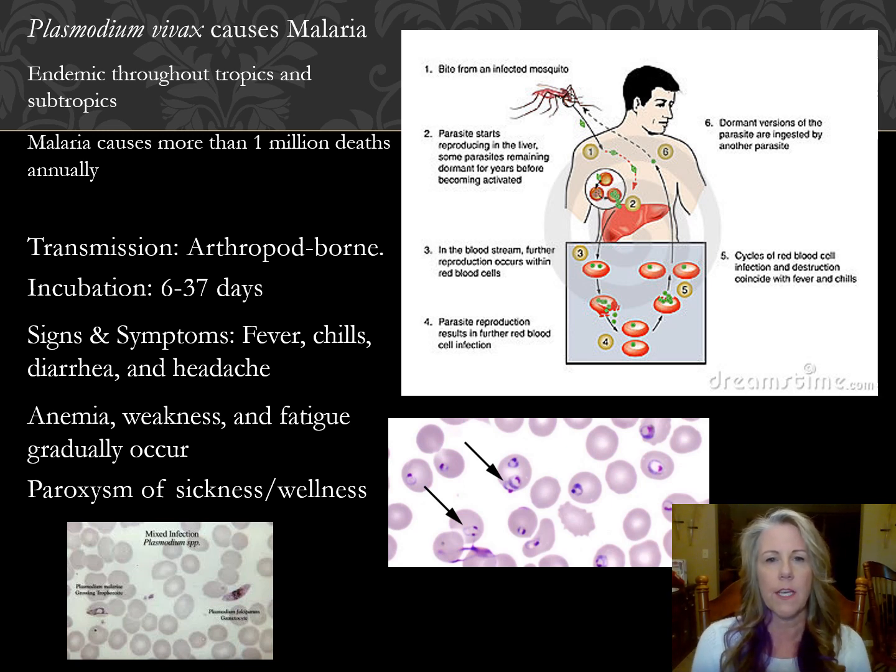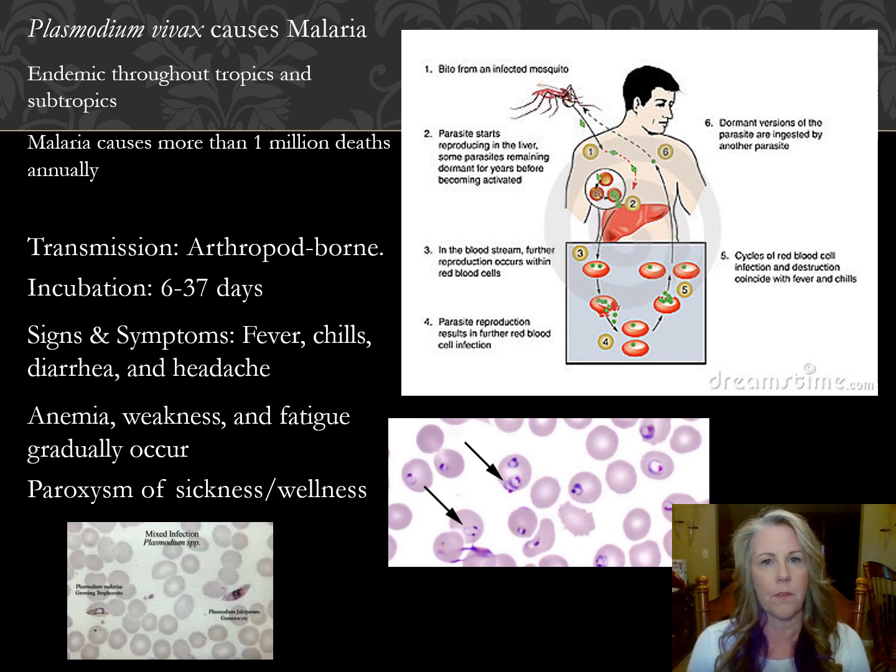It can result in anemia, weakness, and fatigue, and it gradually occurs in paroxysms. This term, paroxysm, might be a new term for you, and what a paroxysm means is that you're going to have episodes of being really, really sick, followed by episodes of feeling just fine.